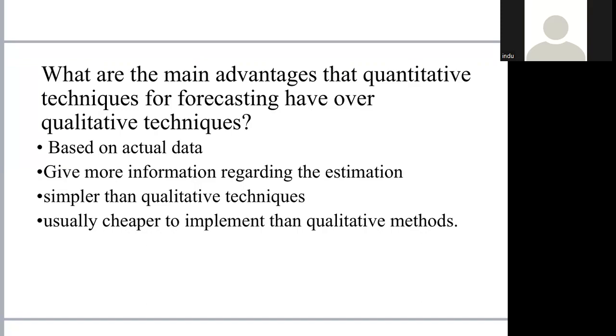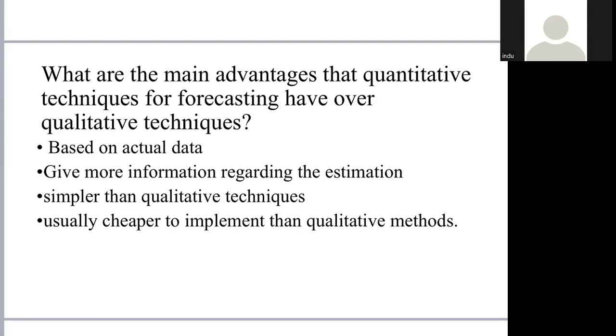But anyway, we know both are very important, according to the situation, according to the scenario, right? We have to select the appropriate method, that means the quantitative or qualitative. Anyway, there are some advantages in quantitative method over qualitative. First, the main advantage of quantitative technique is that the forecast has a solid recorded base of actual data, right?